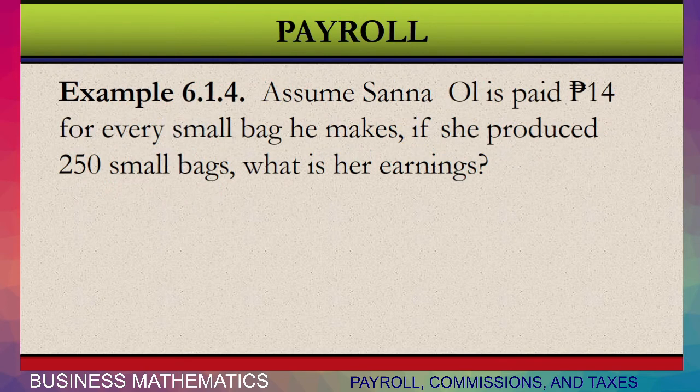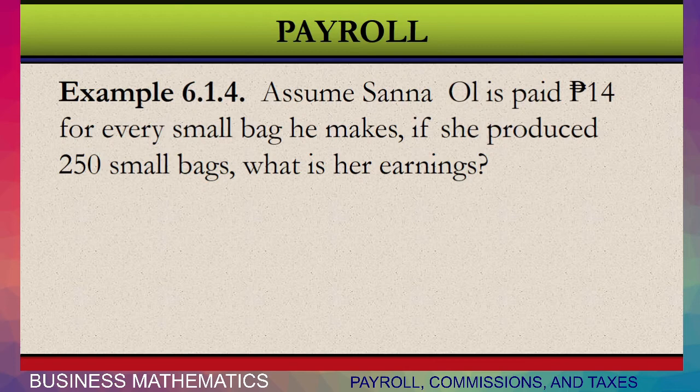Okay. So, example 6.1.4. Assume Sana is paid 14 pesos for every small bag she makes. If she produced 250 small bags, what is her earnings? So, hanapin natin yung earnings ni Sana.